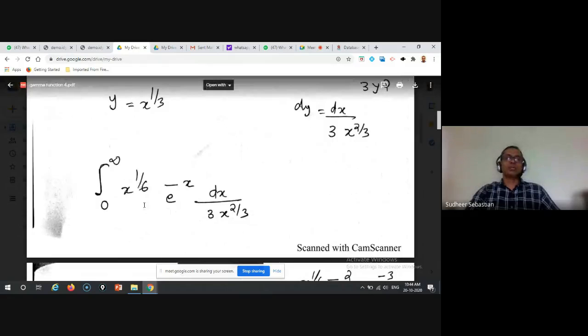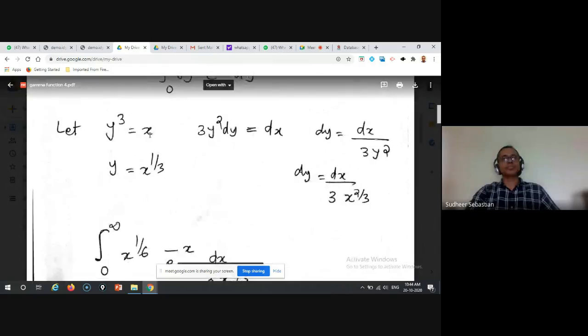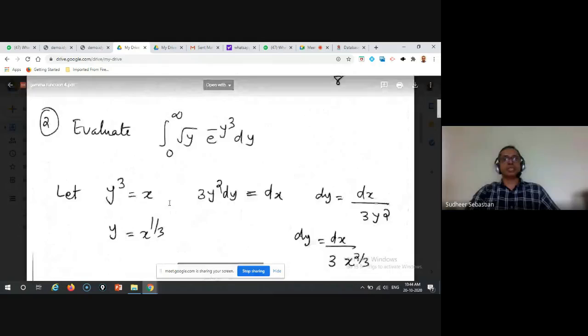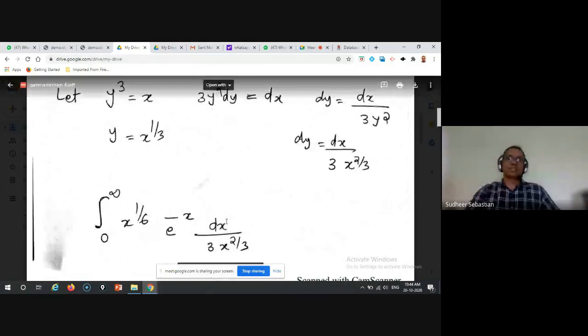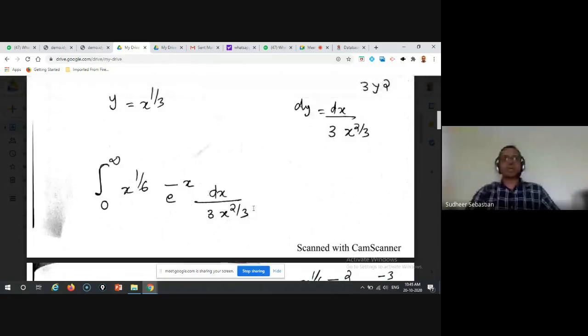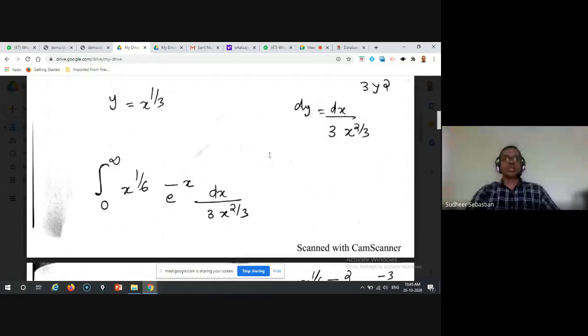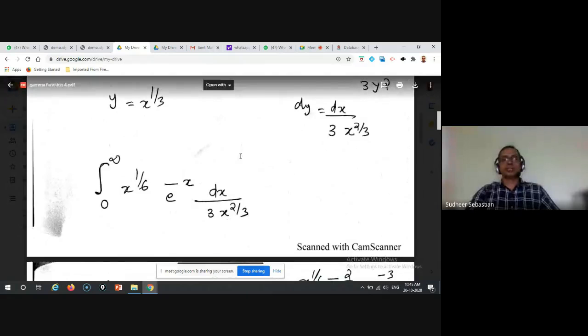There is no change in the limits: when y is 0, x is 0, and when y is infinity, x is infinity. I think this transformation is clear to you.